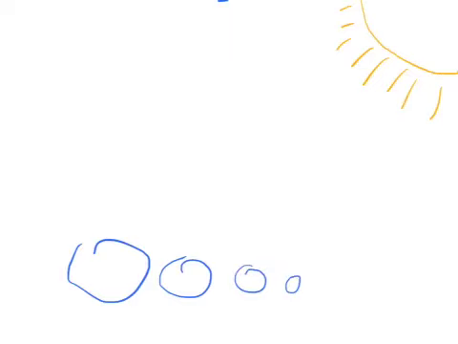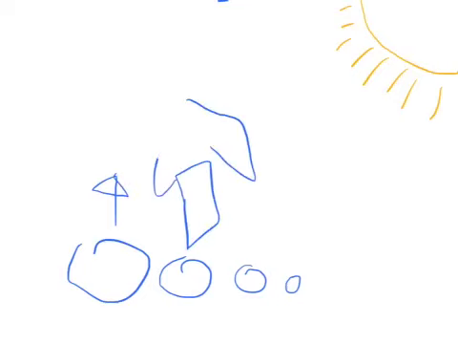Eventually, this liquid was disappearing. But where? Actually, it was going up into the sky. This phase is called evaporation.